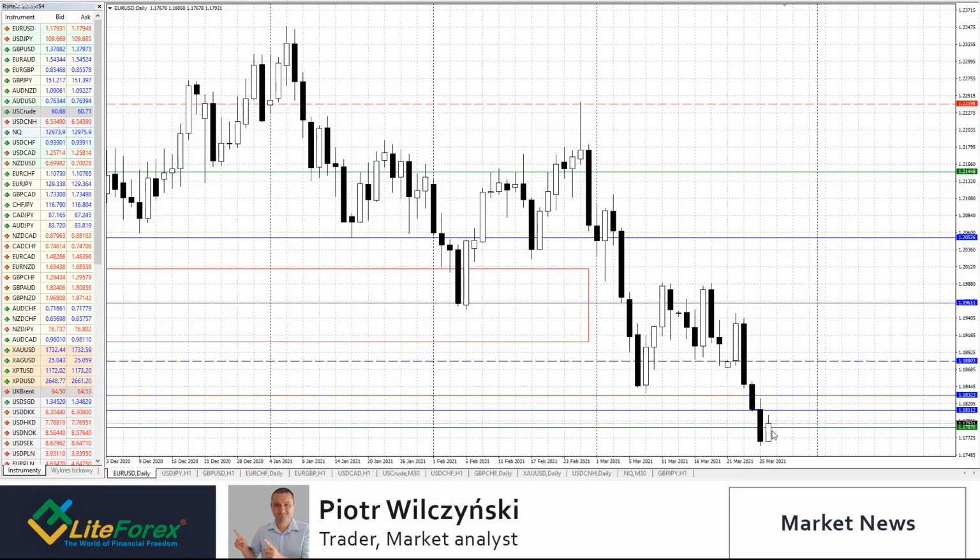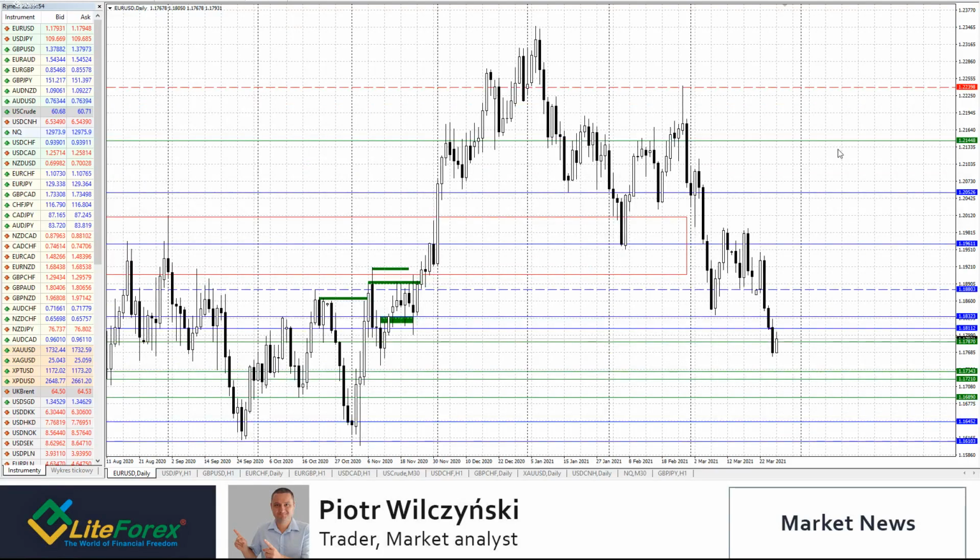Attempt to rally on Friday, but I can't see anything higher, at least for now, than 1845, 1850 we were discussing from the daily chart perspective, plus weekly open.